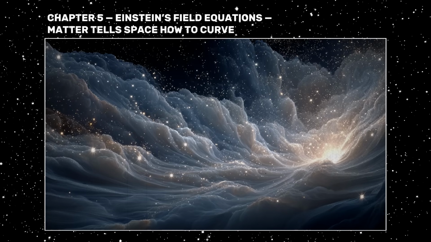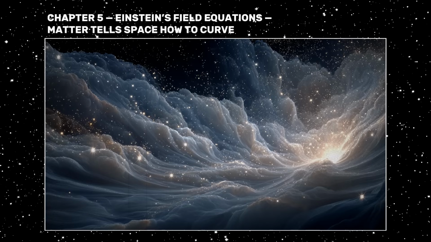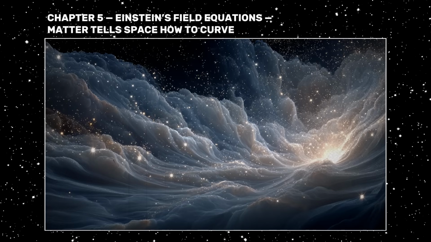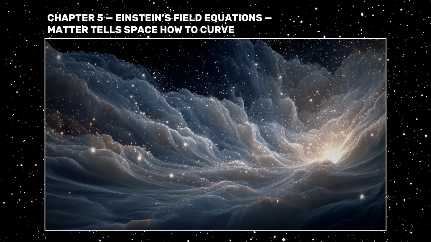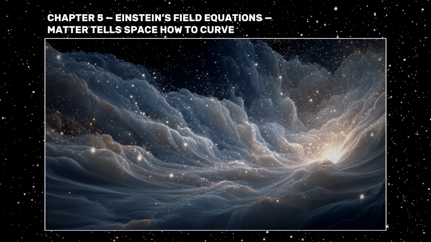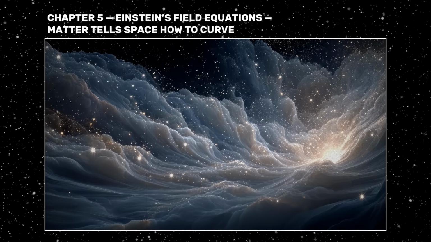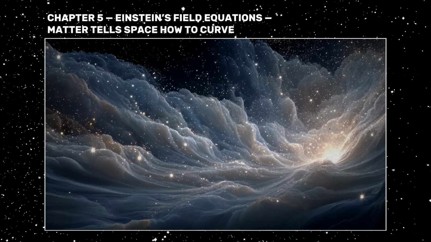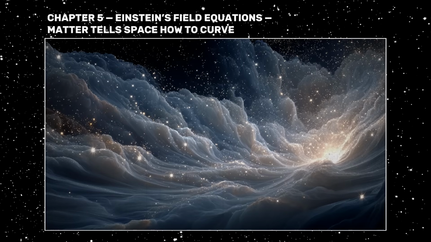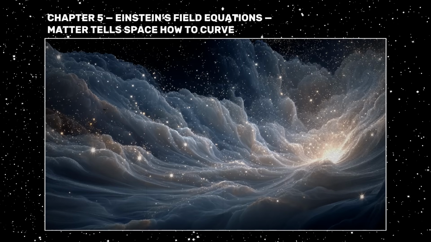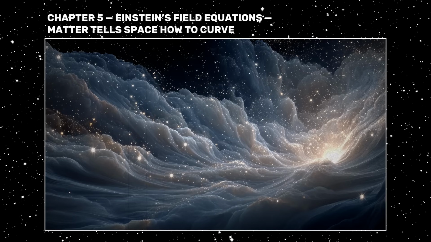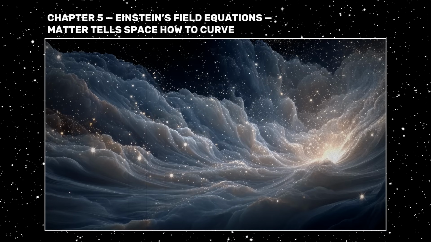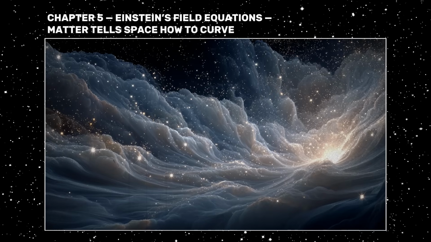The challenge was to express this profound idea in precise mathematical terms. Geometry, after all, is not simply a metaphor. It is a measurable structure, and to describe its bending requires a formal language. Thanks to Ricci-Curbastro and Levi-Civita, Einstein had at his disposal the calculus of tensors, the machinery capable of encoding curvature in any dimension.